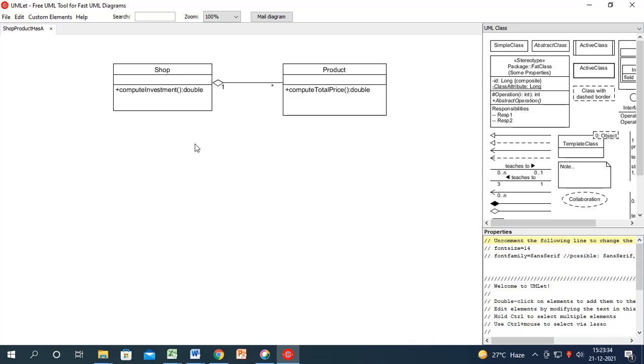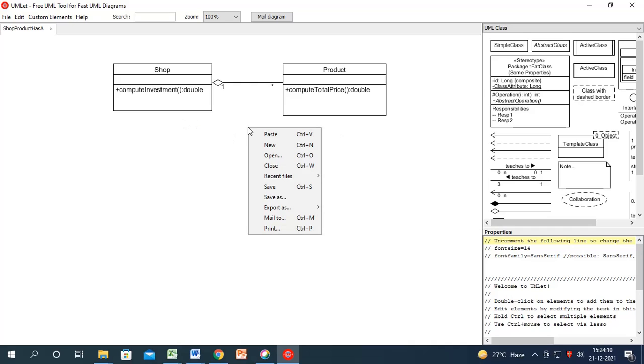Shop is a container which contains many products. So on the other side you have the class which does a role of part. On one side near the hollow diamond symbol you have a class which does the role of container or whole, and on the other side you have a class which does the role of part. It is a part of the container, right?